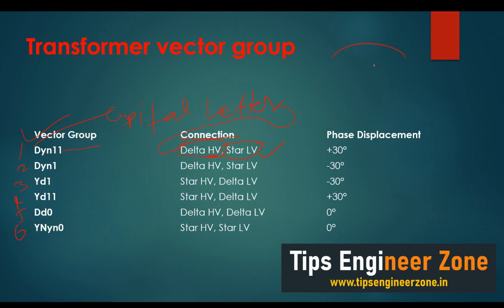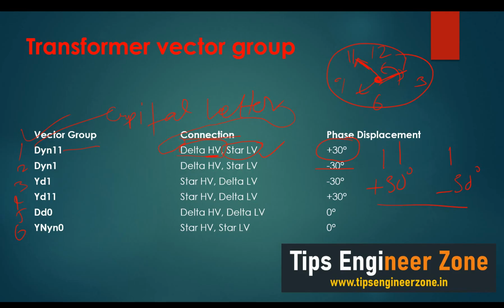If this is the clock, this is 12, this is 11, this is 1, this is 6, this is 3, this is 9. If the clock is at 11, it means anticlockwise, so 11 means plus 30-degree displacement. If the clock goes to 1, it means minus 30. So simple: 11 is plus 30 degrees and 1 is minus 30 degrees.